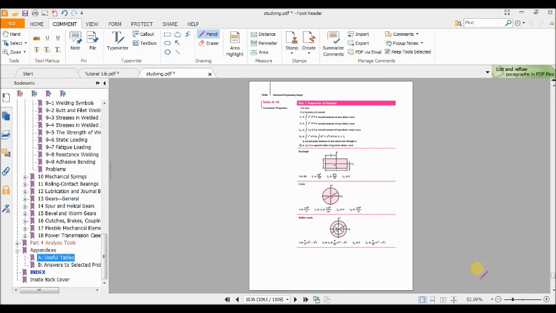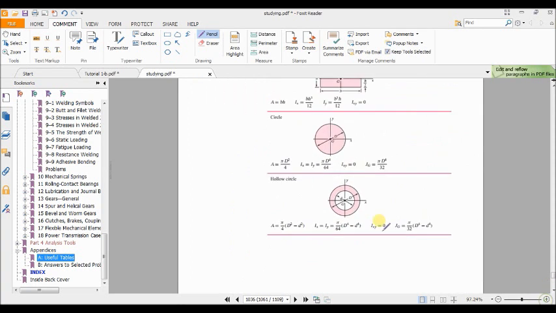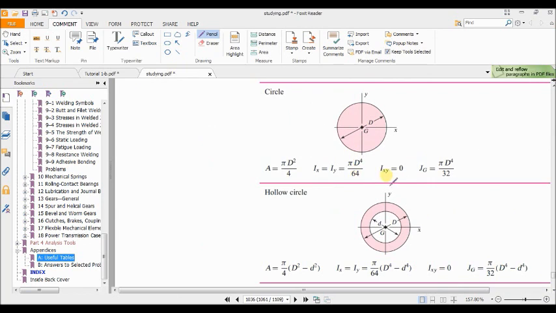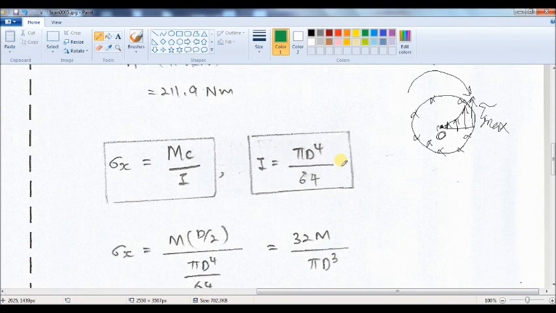Second moment of area for circle cross section equals pi d to the power 4 over 64.